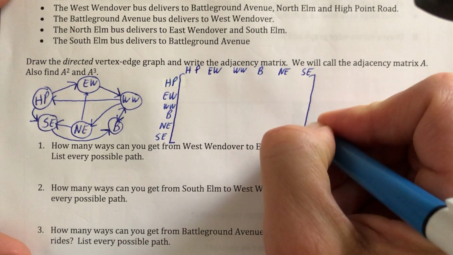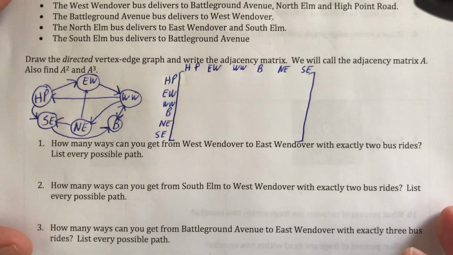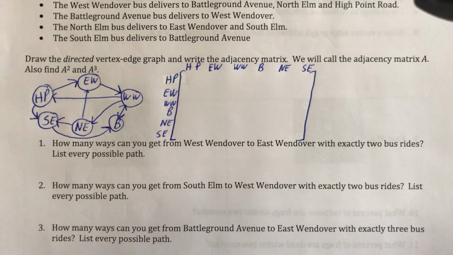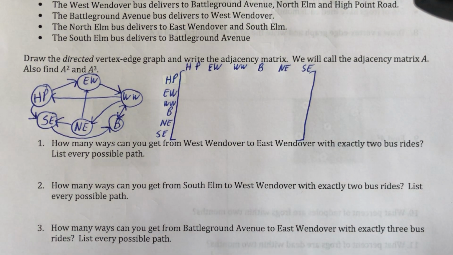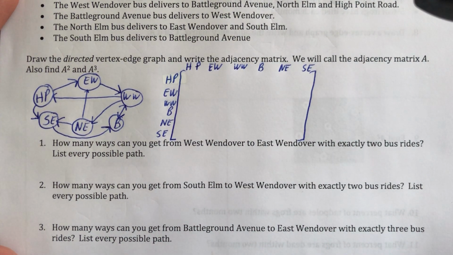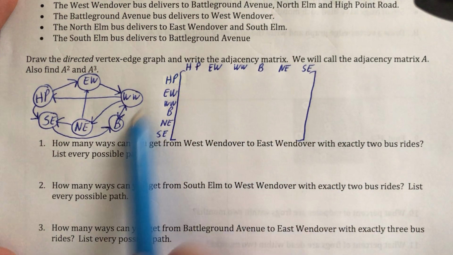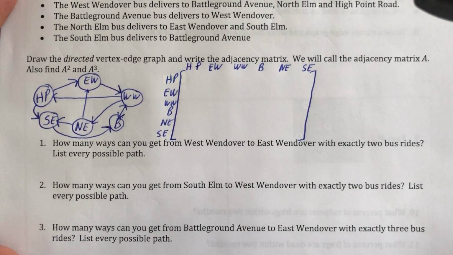Okay, I have not left much room for the other things that they asked for. And that's okay. We'll deal with it because I'm going to show you what's on my calculator and we'll walk through it. Now, if you want to grab a separate piece of paper for what's about to come, feel free, but I didn't leave you much space here. I was trying to save my own paper and now I'm wasting yours. I apologize. Okay. We're going to fill in this directed vertex edge graph.